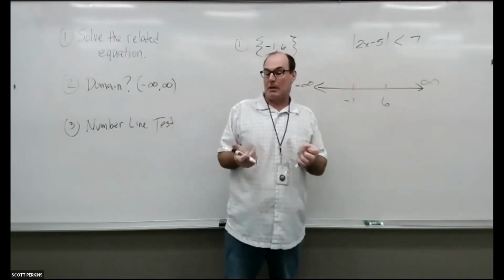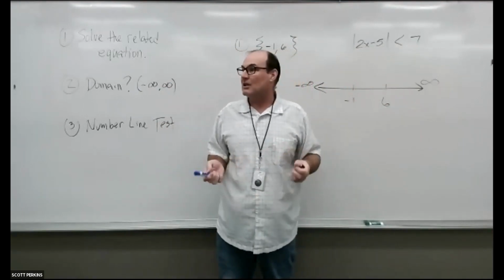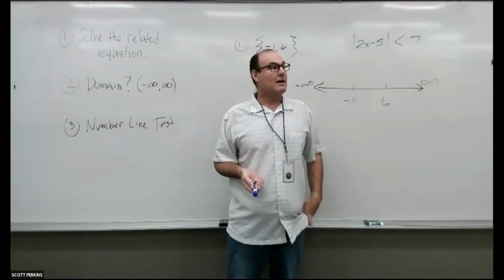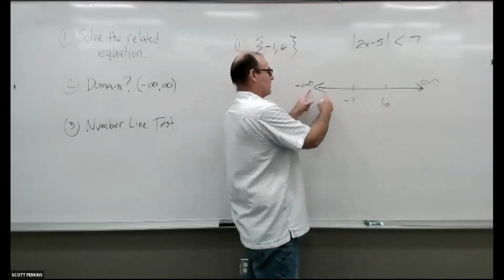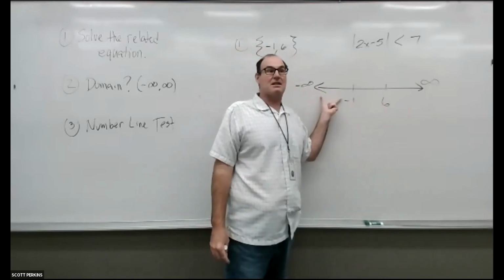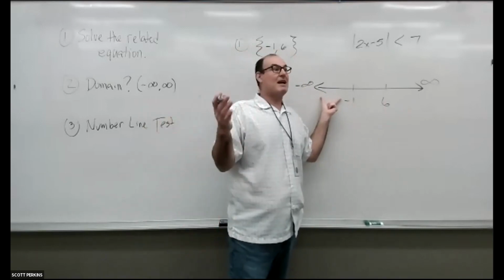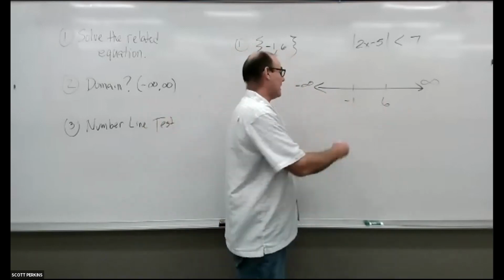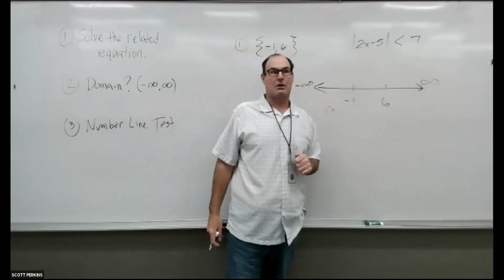And so we're going to use the number line test. All the number line test says is pick a value in each of the intervals and test it. That way you're just doing a little arithmetic. So in this first interval, which is negative infinity to -1, what's a number that I could test? -2, -8, -45, whatever makes you happy. I'm just going to use -2 because it was the first thing I could clearly discern.